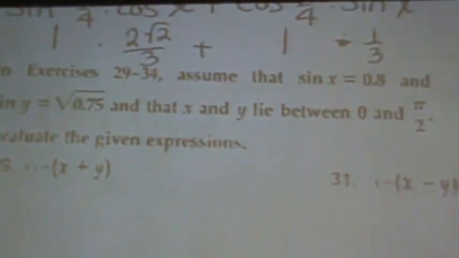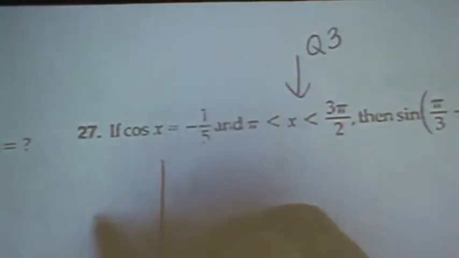Okay, 27. You are between pi and 3 pi over 2, so this tells us we are in quadrant 3. So let's draw our triangle in quadrant 3. And this is x, not theta.